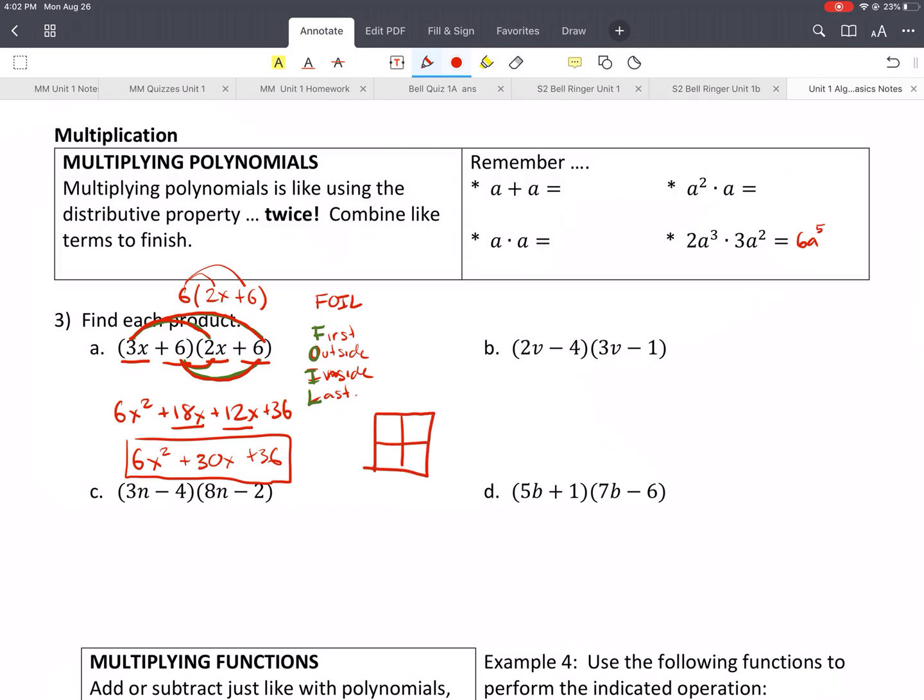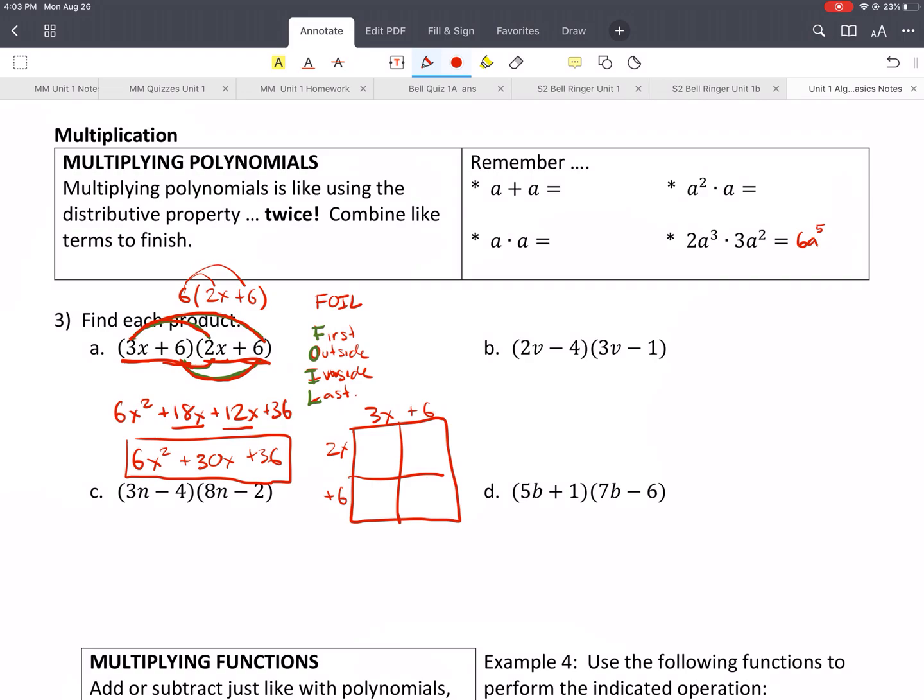Let me make it a little bigger. Okay, 2 by 2, because we have 2 by 2 for our polynomials. So I'll write those polynomials. We have 3x, and we have plus 6, and then we have a 2x and a positive 6.